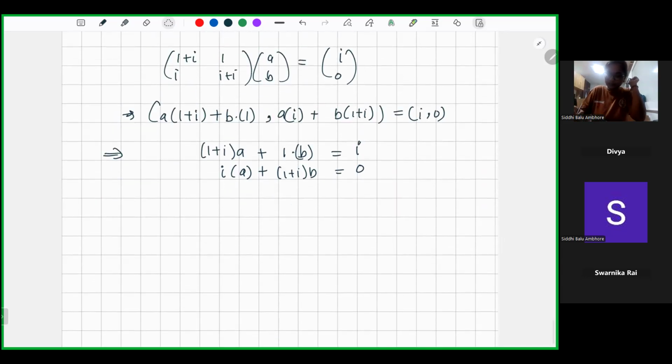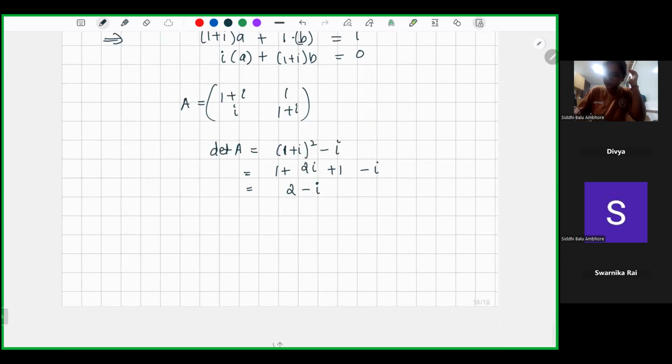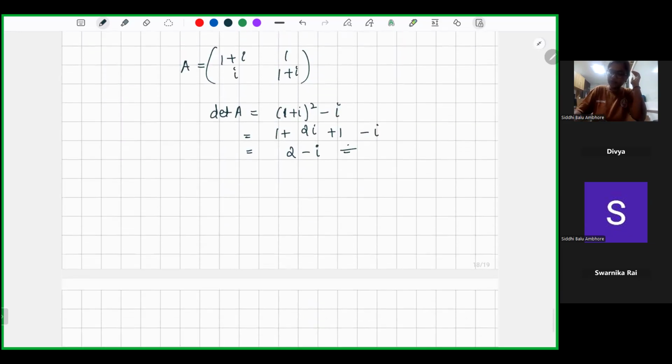For this matrix with rows (1+i, 1) and (i, 1+i), call it A. The determinant of A is (1+i) squared minus i, so this is 1 plus 2i minus 1 minus i, which is i, non-zero.